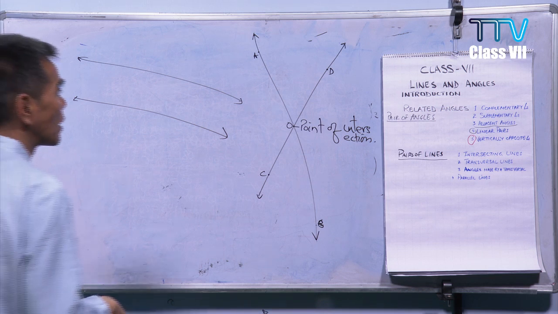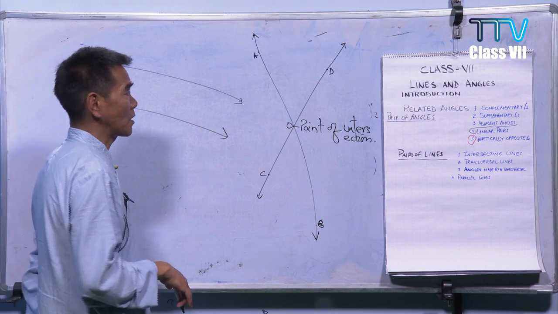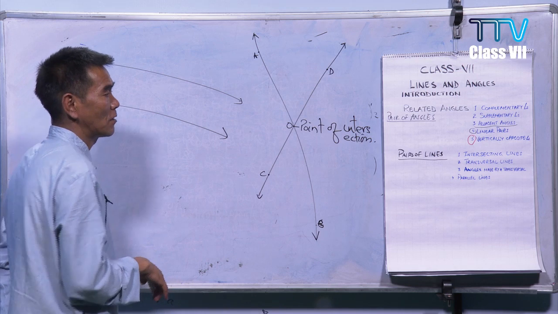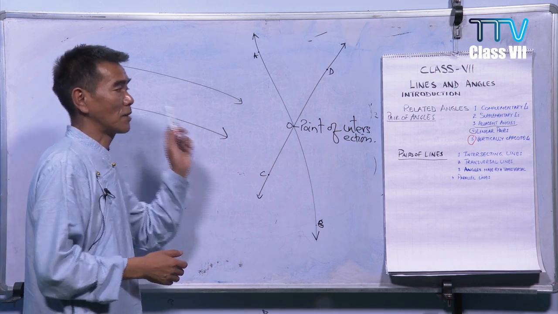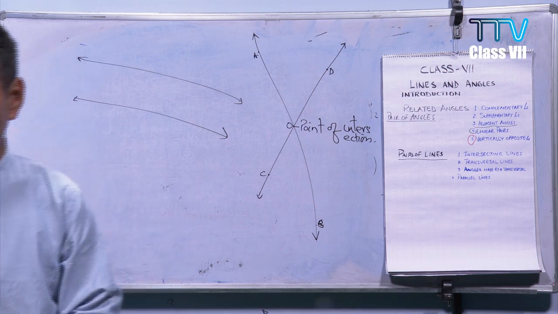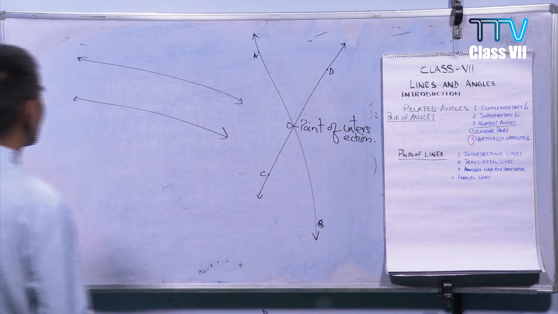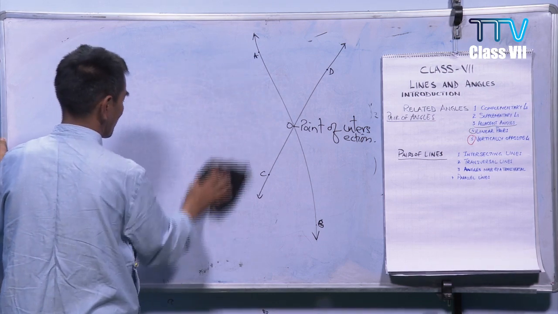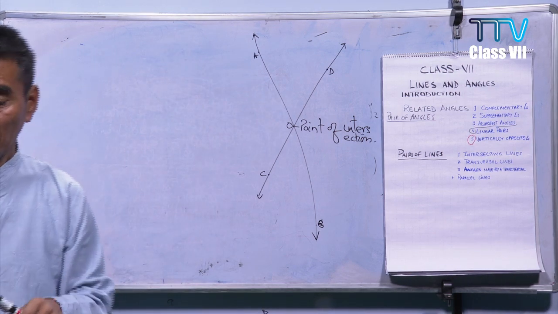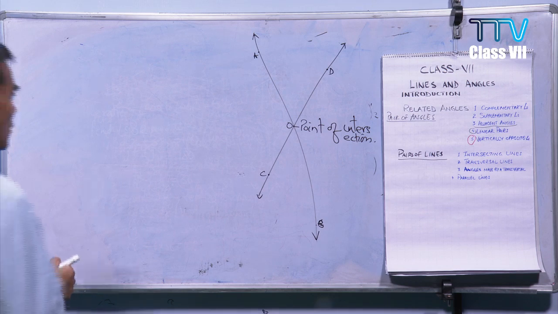Intersecting lines can have one intersection point.